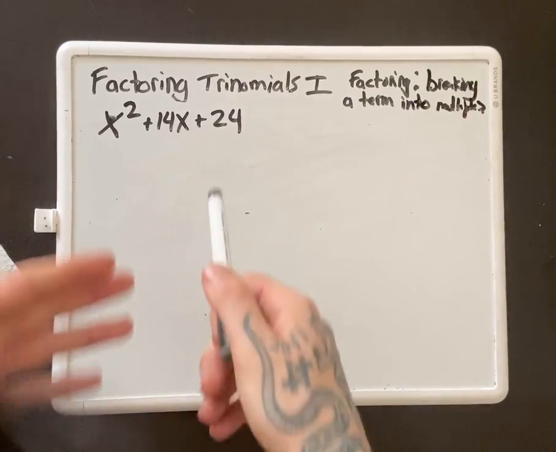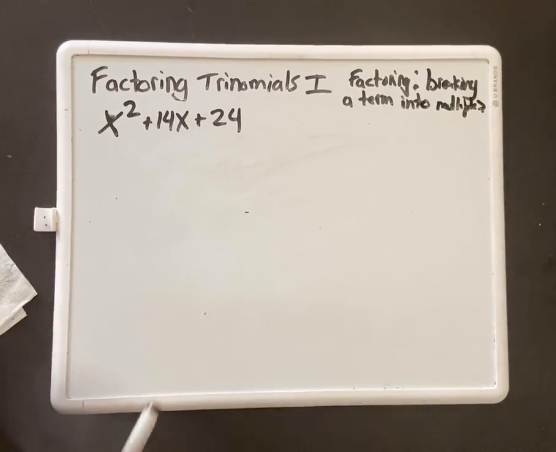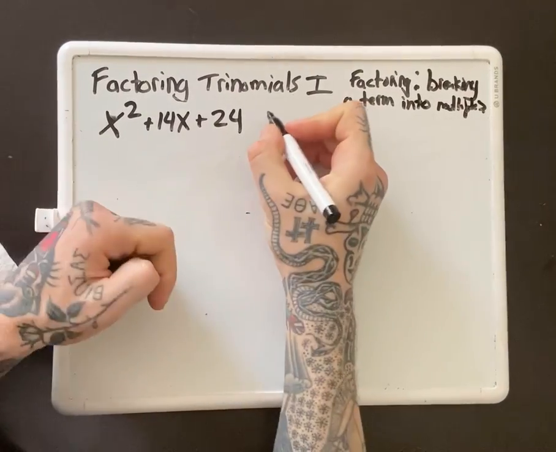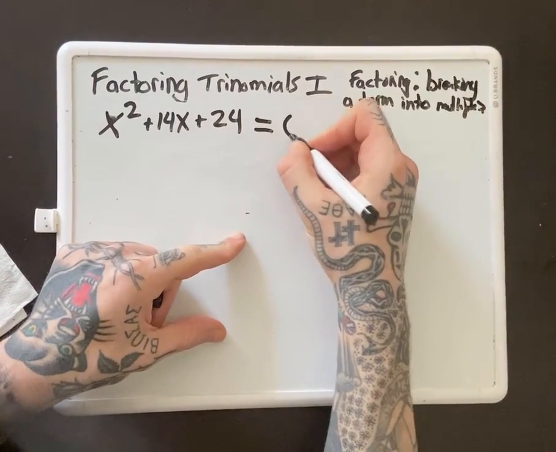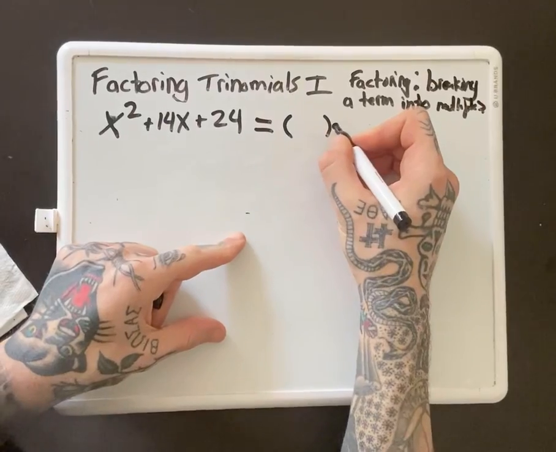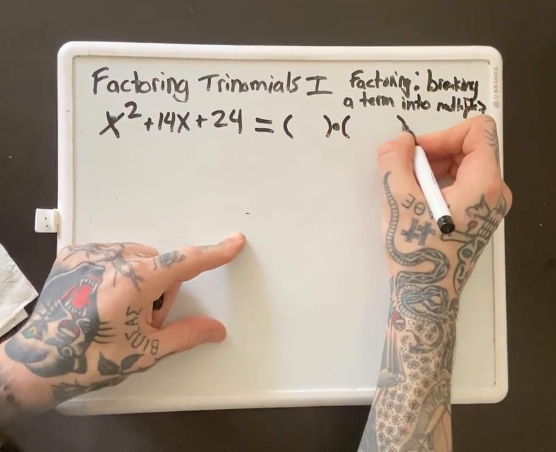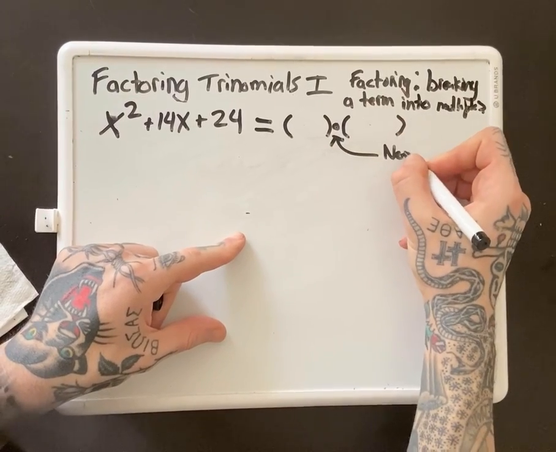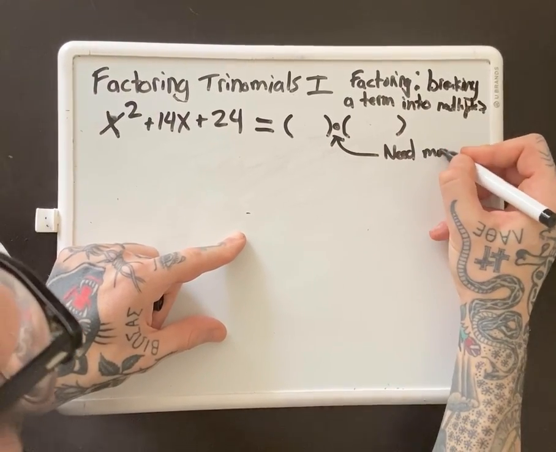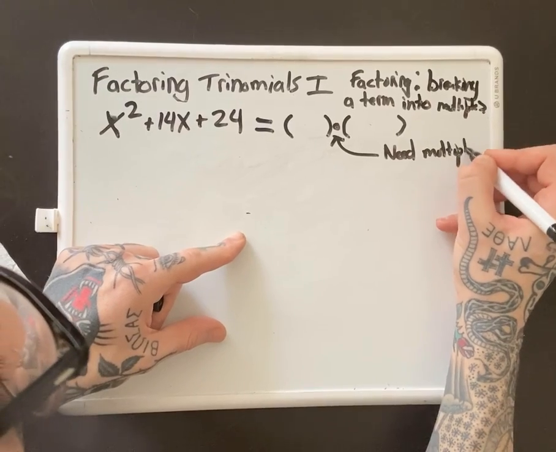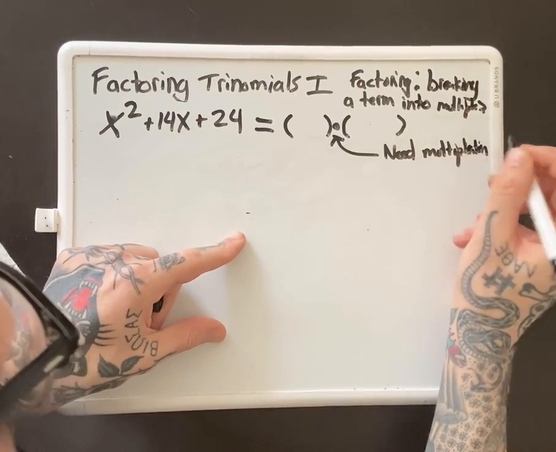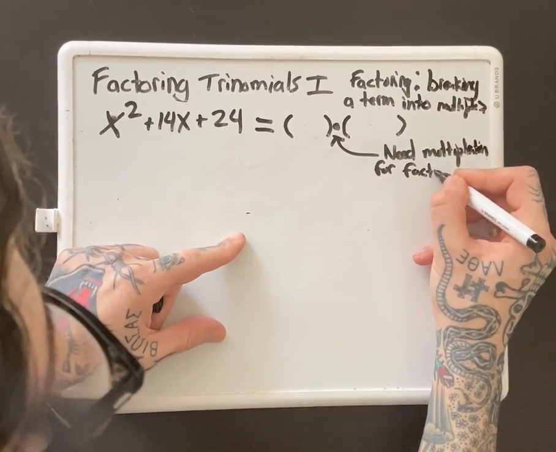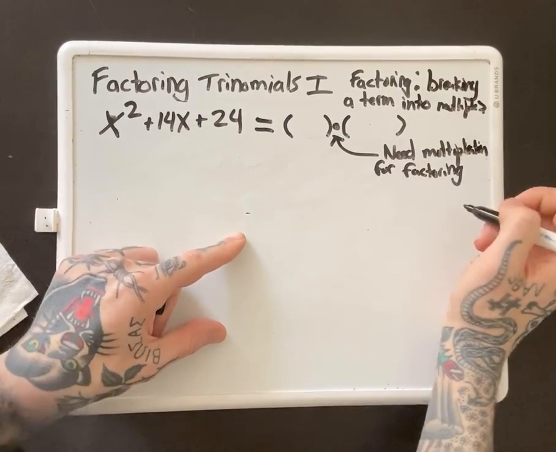So we're going to break this trinomial into two binomials. So we already know it has to look like this, with multiplication. We need multiplication for factoring. Okay?